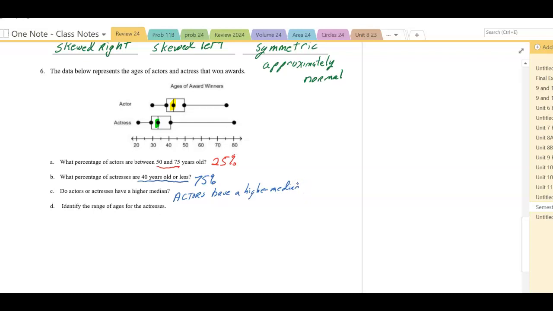And then the range for the actresses, remember that's max minus min. So for the actresses, the maximum is 80, minimum is 20, so the range is 60.